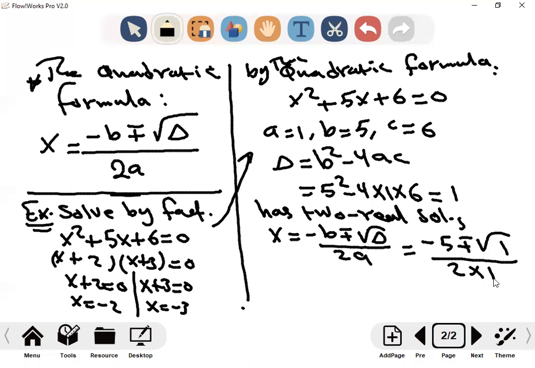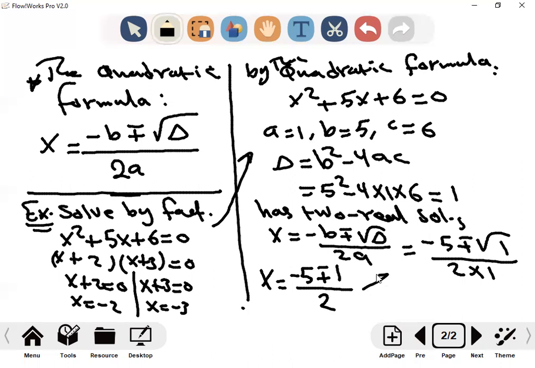Simplify. Square root of 1 is 1. 2 times 1 is 2. So x equals minus 5 plus or minus square root of 1, over 2 times 1. Now take it once positive and once negative.